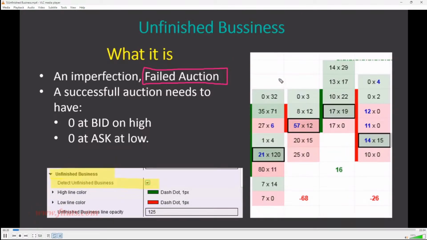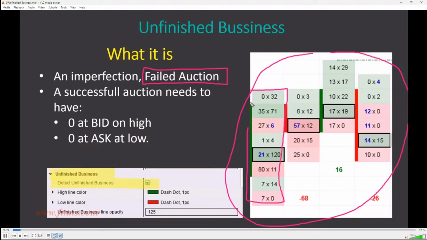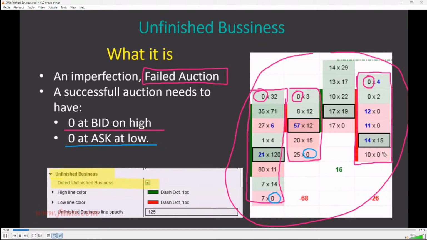Now, if you look at those footprints in here, then this footprint and this one show a successful auction. You can tell that there is 0 at bid on the high, in here, in here, in here, and that there is 0 at ask at the low, in here, and in here. When markets move, this is basically a never-ending auction, right?